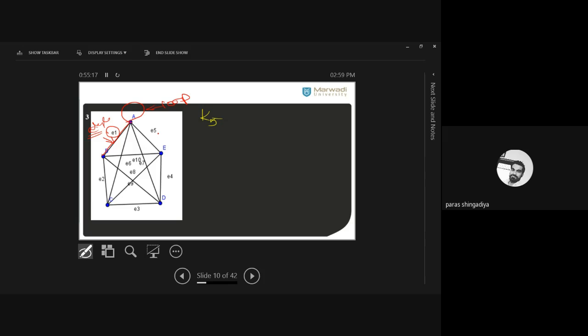All of you practice it. It's not difficult. Okay, it's very easy. Just try it. And these are all important for the exam also. Sometimes one of the standard graphs will be there, such as K2,3 or K2,5, complete bipartite or complete graph notations.